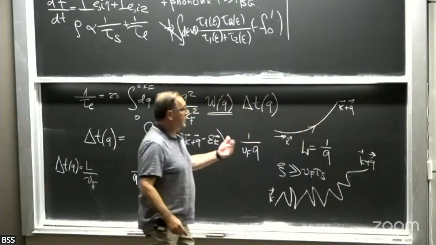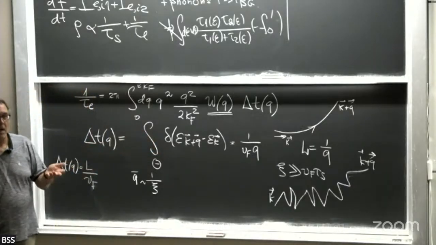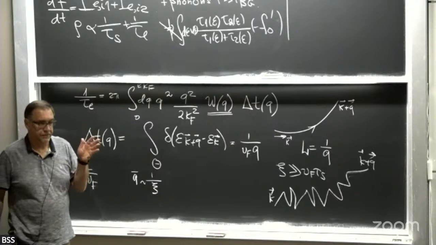So while scattering by long-range disorder, I will move on a diffusive path, right?